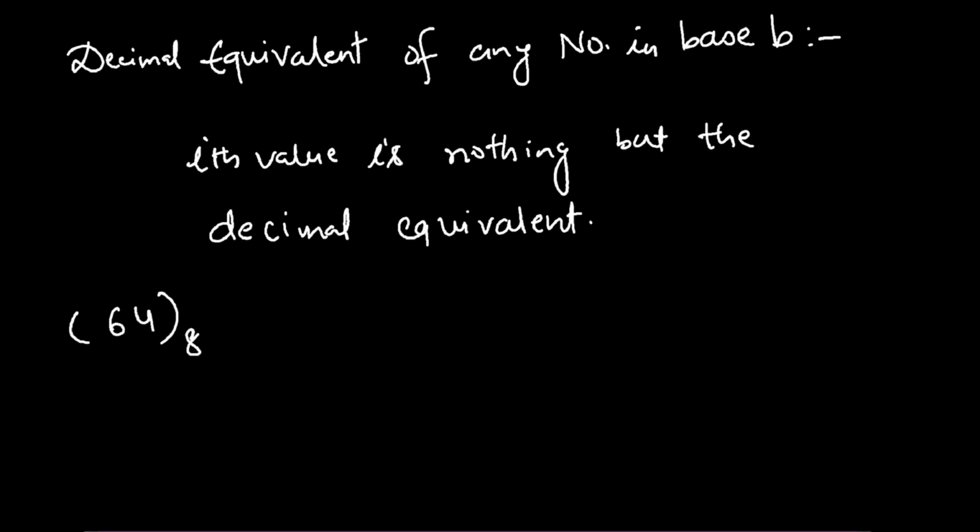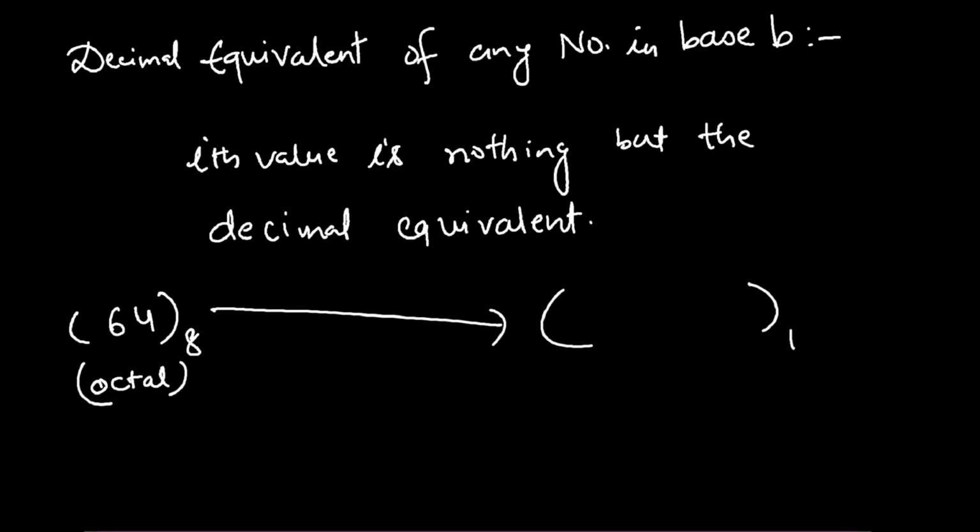So if you are given, let's say, 64 base 8, this is an octal number. What is the equivalent decimal number? How can you get it? Just expand this 64.